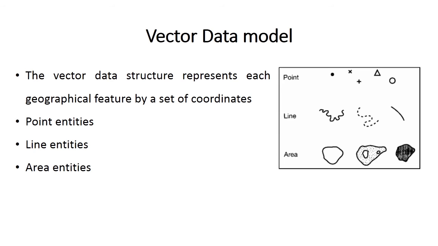The 3 vector structures used in GIS, that is Geographical Information System, for the storage of point, line and areas are point entities, line entities and area entities. Point entities can be considered to embrace all geographical and graphical entities that are positioned by a single xy coordinate pair. Besides the xy coordinates, other data must be stored to indicate what kind of point it is or other information associated with it.